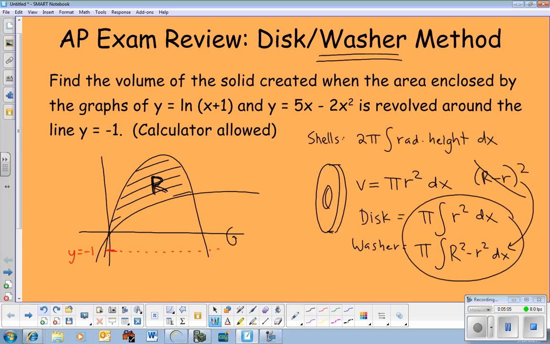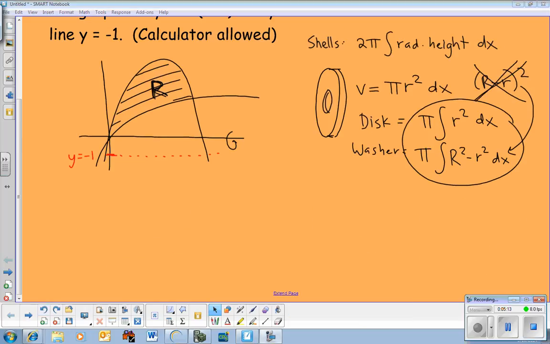All right, so let's take that little formula and see what we get. With this particular region R, I'm going to spin it around. Whenever you're doing discs or washers, not shells, the representative rectangle, the rectangle that's going to be spun around the axis, needs to be perpendicular to it.